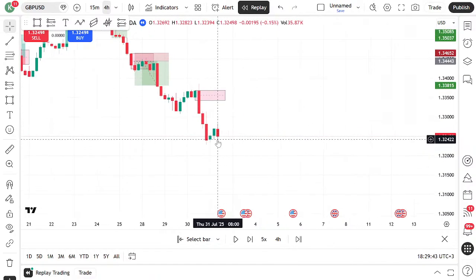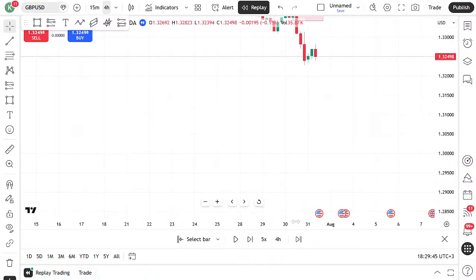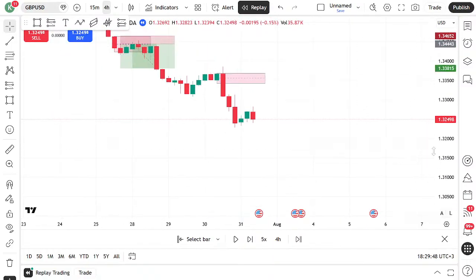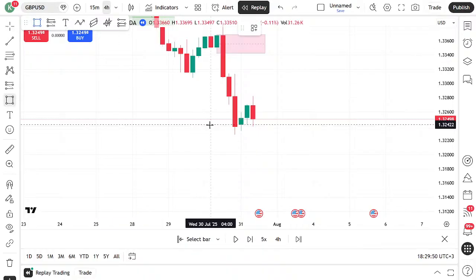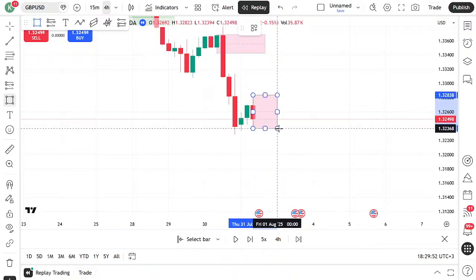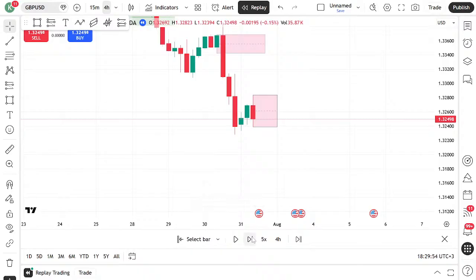Then the last day of the trading month, we have Thursday. On Thursday, let's mark our highs and lows, and then let's see where the next candle closes.